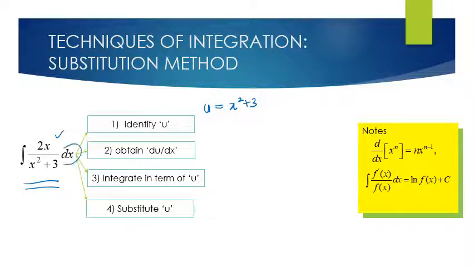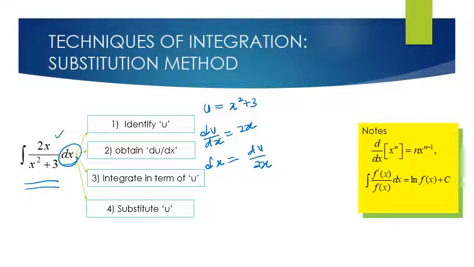Here we have dx, so we want to convert dx into du. How to get du? We differentiate du over dx. We differentiate x squared plus 3, we will get 2x. Then we rearrange until we get dx equal to du over 2x.